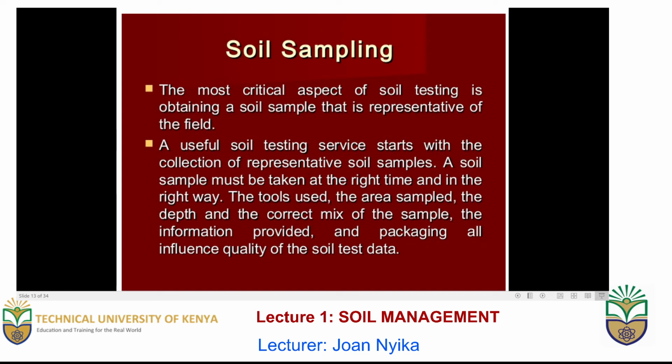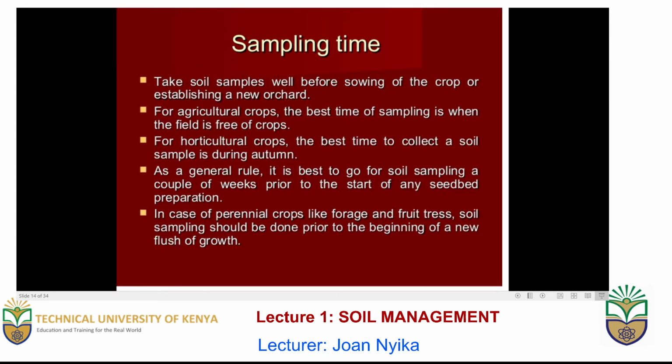A useful soil testing service usually starts with collecting a representative sample, and the sample must be taken the right way, at the right time, using the right tools in the targeted area at specific depths in the correct mixture, and all this information should be provided while packaging the resultant soil samples.